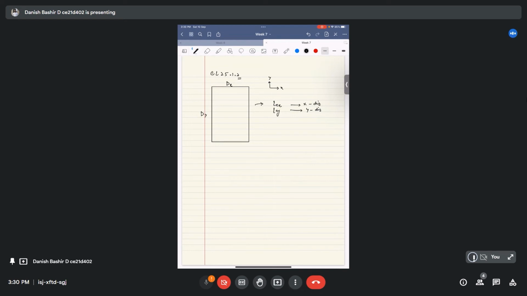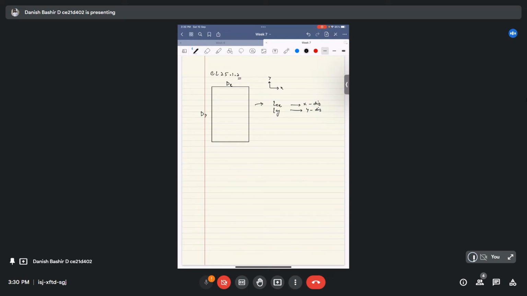Lex and ley give both slenderness ratios: lex by dx is equal to Sx in the x direction, and ley by dy is equal to Sy, that is, Sx is less than 12 and Sy is less than 12. If the slenderness ratios in both directions are less than 12, then this column can be categorized as a short column.